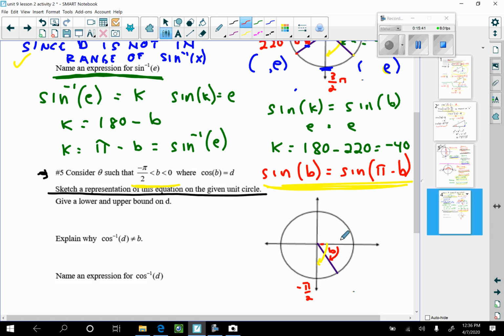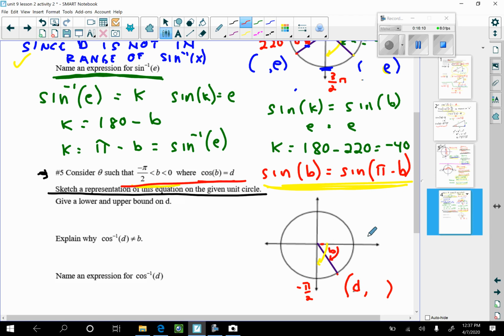So now the cosine of b is equal to d. The cosine is x values on the unit circle, so this guy right here, that's d. This is very abstract because we're not using numbers. So that's the graphical representation of this statement right here: cosine of b is equal to d, and b is indeed between negative pi over 2 and 0.